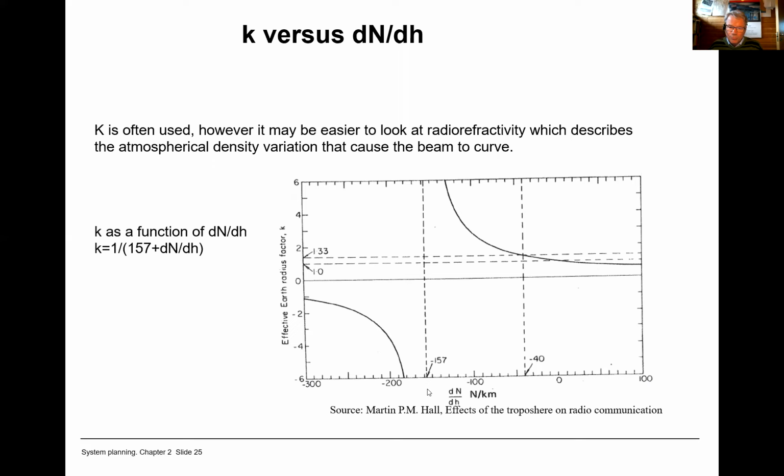And then you have this magical number, minus 157, where the ray is bending at the same rate as the Earth. Then the K value goes to positive infinity, and then it turns up with negative infinity and goes like this again. Here you see that K is less than 0, and here K is a positive value. And here you see the function, which is drawn here.